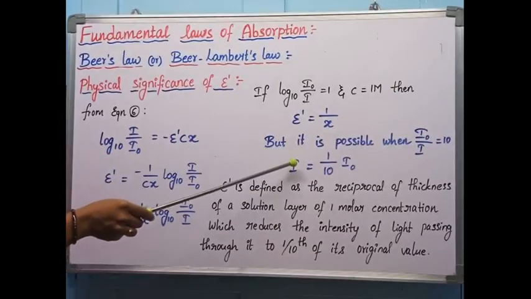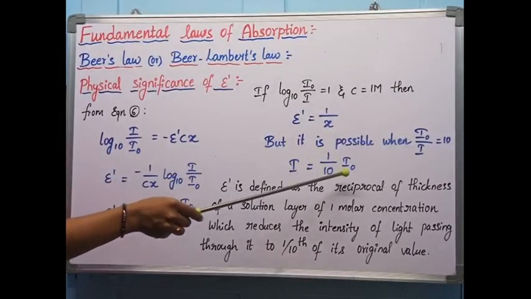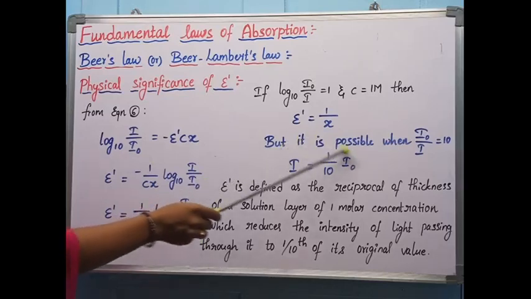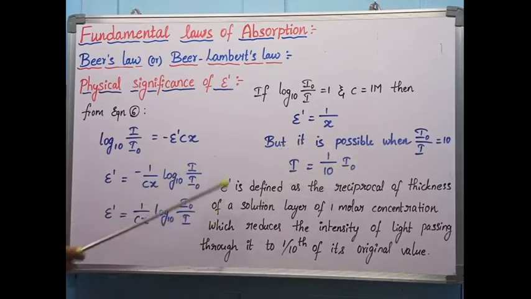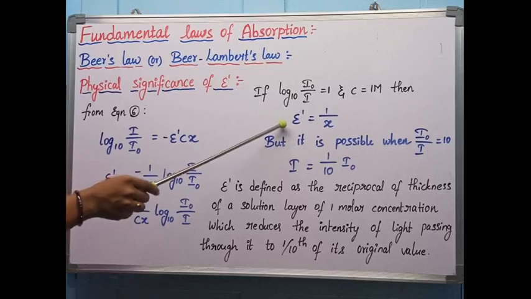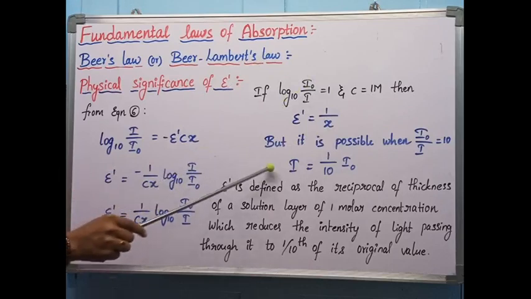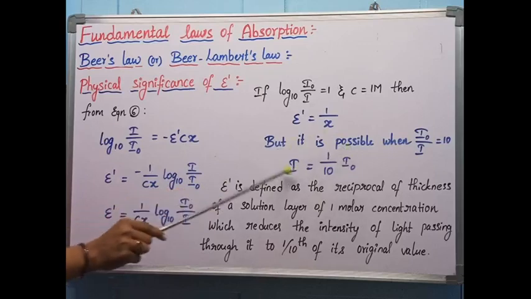So from this I am getting the I value. I is equal to 1 by 10th of its I naught, 1 by 10th of its original value. Okay, so finally I got the I value. So from this I can define epsilon dash, the molar extinction coefficient, as the reciprocal of the thickness of the medium when the concentration is 1 molar, and in such cases intensity becomes 1 by 10th of its original value.